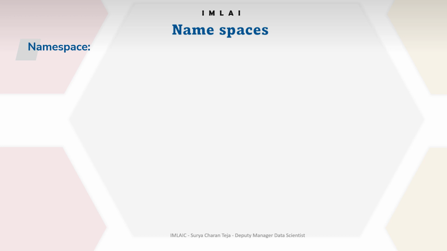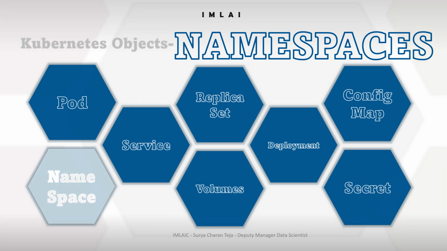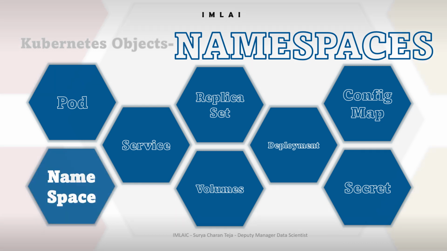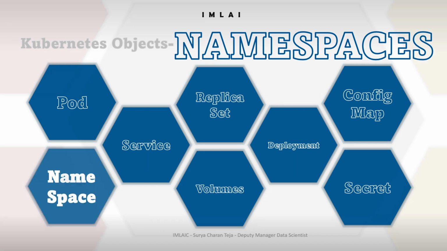Names of resources need to be unique within a namespace, but not across namespaces. The names of resources which are inside that namespace need to be unique within a namespace but not across namespaces. I hope you got that.